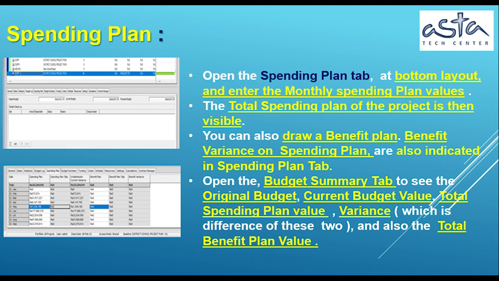The total spending plan of the project is then visible. You can also draw a benefit plan. Benefit variances on the spending plan are also indicated in the Spending Plan tab. Open the Budget Summary tab to see the original budget, current budget value, total spending plan value, variance, which is the difference of these two, and also the total benefit plan value.